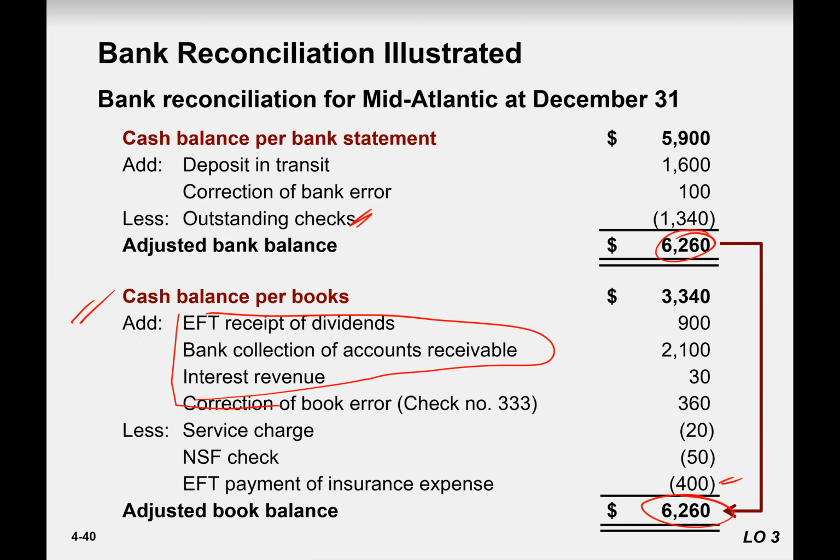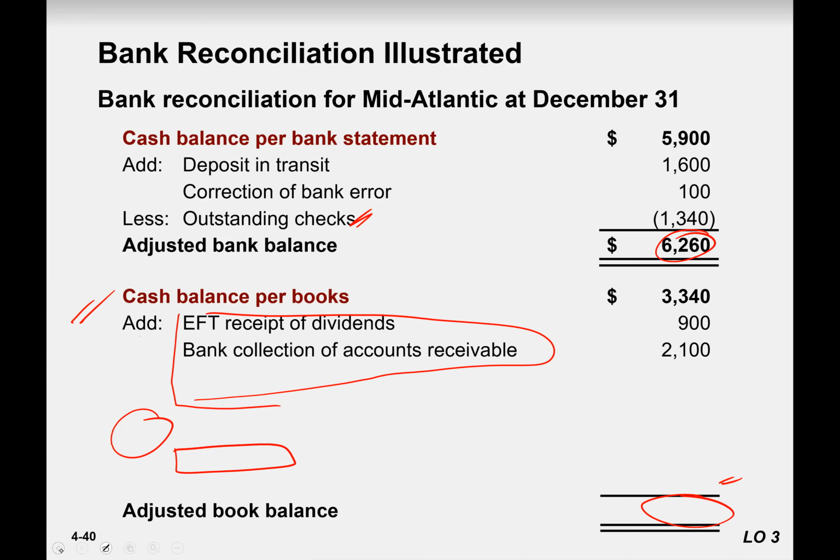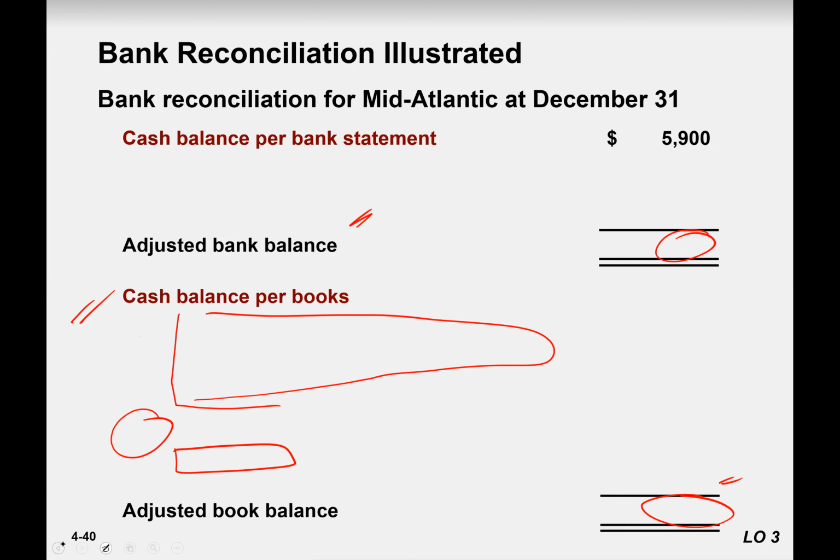You add back, and then you less service charges. And you need to be very careful about this one: whether your payment check is bounced or the customer check is bounced. So the question mentioned the customer check is bounced. You see here, go back to our question.